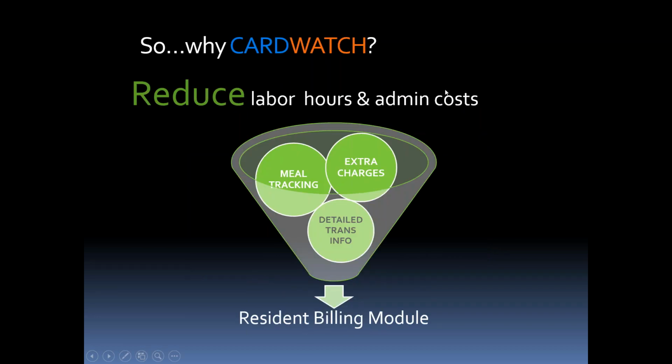Okay, so at the end of the month, we gather up all of that charge information, extra charge detail, and we push it off to your billing application. Contained within that file are transactions either on a summary basis or on a detailed basis. So the choice is yours, and they will contain the billing codes from your billing application so that your billing application knows exactly how to post that transaction to the resident's account.